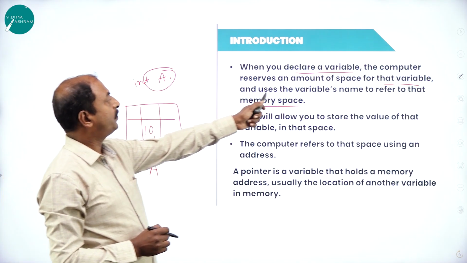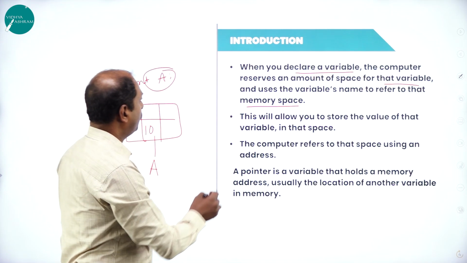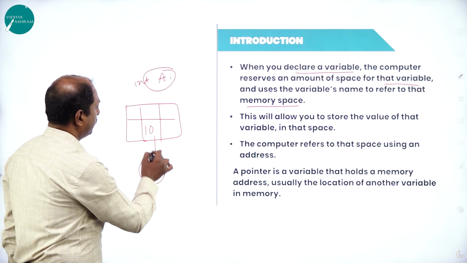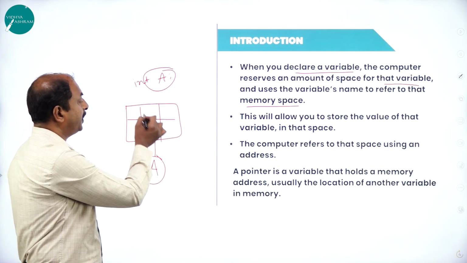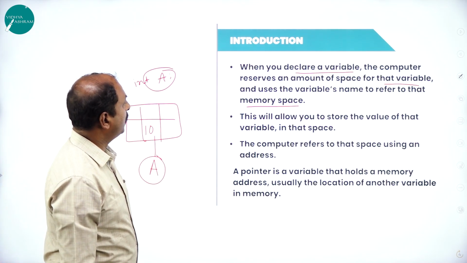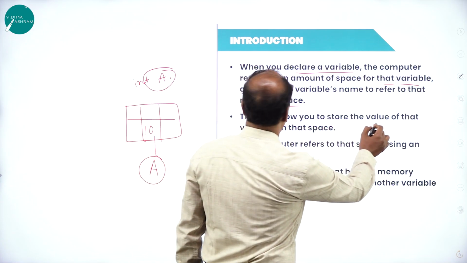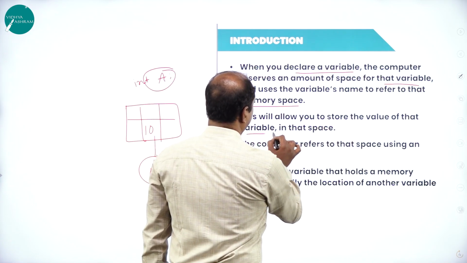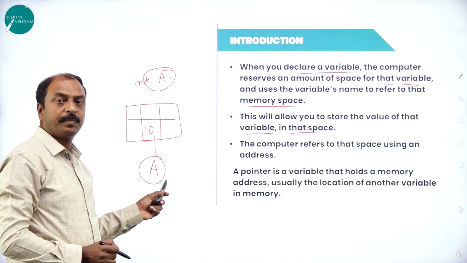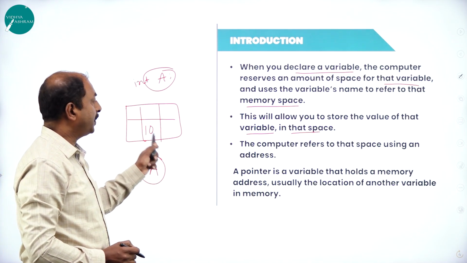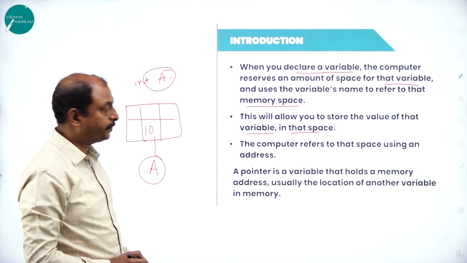So here we are referring with the variable name. A is the name of a variable. It refers to this particular memory location. This will allow you to store the value in that space. Here 10 is stored in the variable A, in a particular cell.